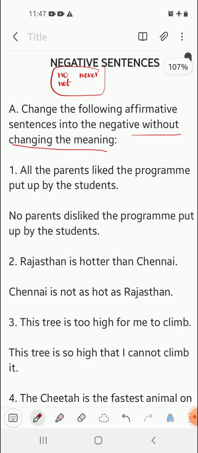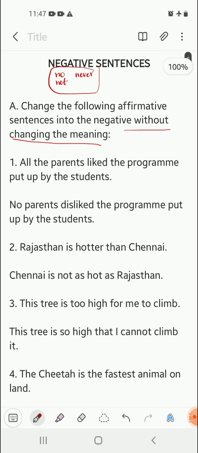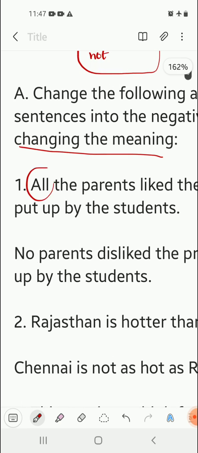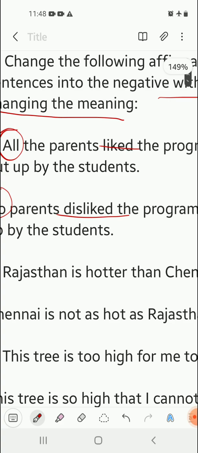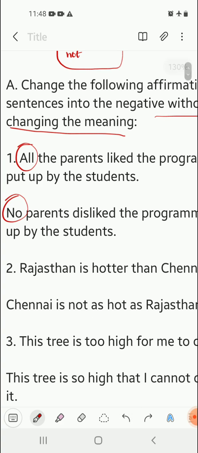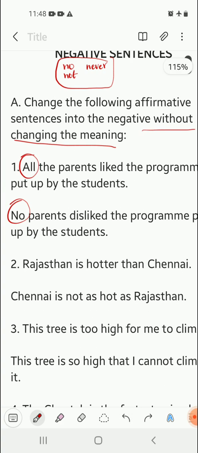Now, moving on, first sentence: all the parents liked the program put up by the children. So over here, the rule is all will change to no. So no parents disliked the program. Then liked will change to disliked because we have to use the opposite. If we write no parents liked the program, then the meaning of the sentence would change.